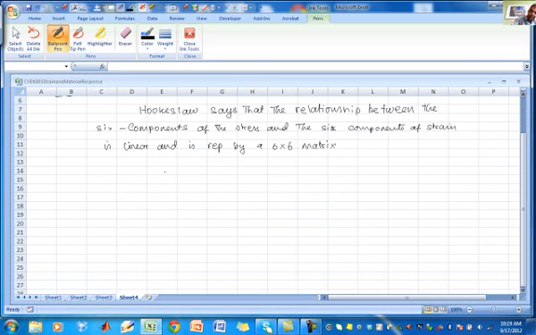So we have response, and then we're going to write stimulus here. So stimulus list is on this side.